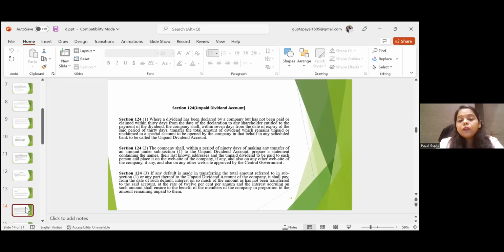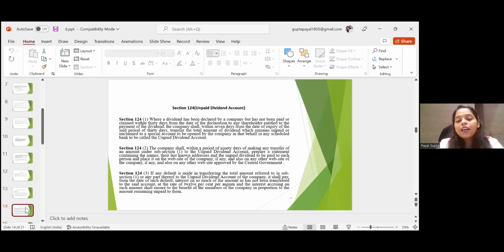If any default is made in transferring the amount referred to in subsection 1 to the unpaid dividend account, interest will be accrued at the rate of 12% per annum, payable from the date of such default.